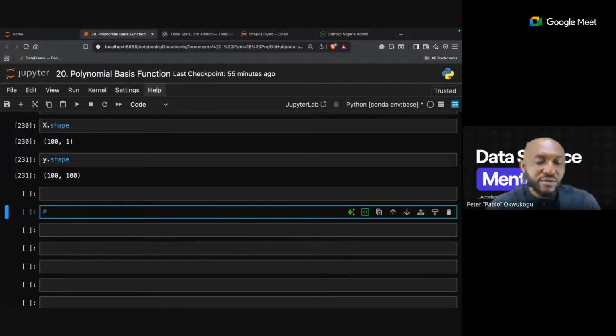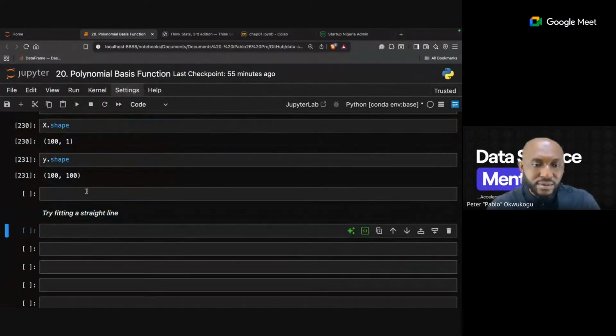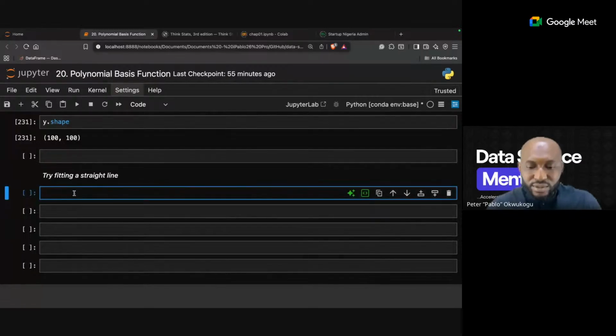So the second part of what we're doing is to try fitting a straight line. To do that, I would say model, which is going to be our linear regression.